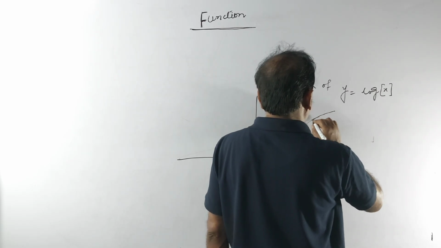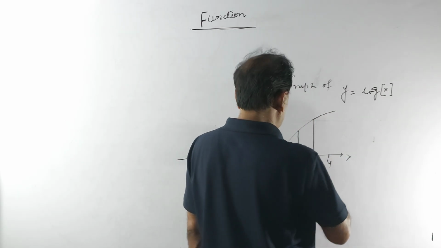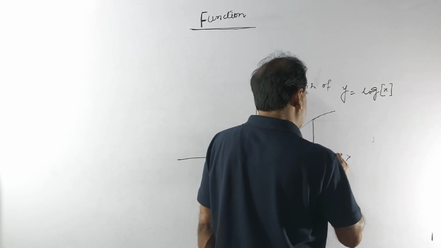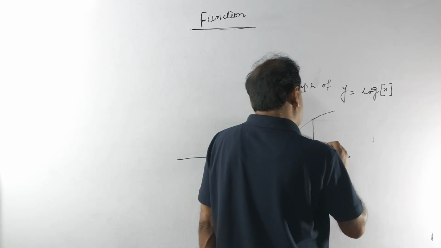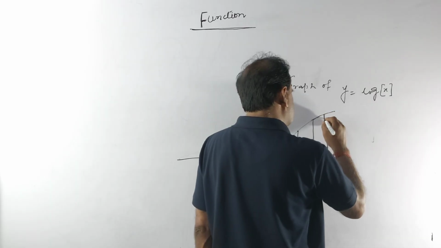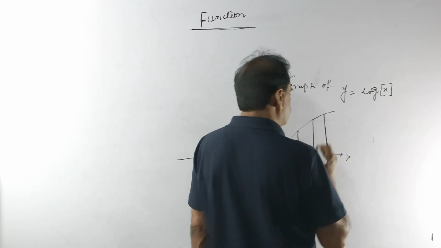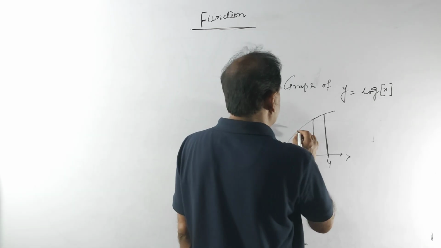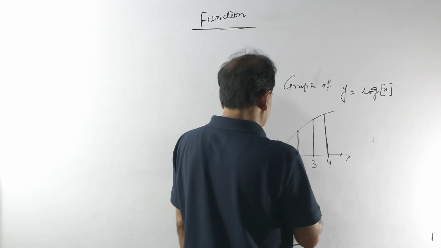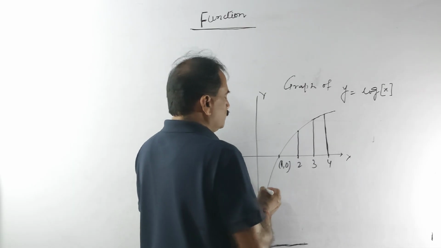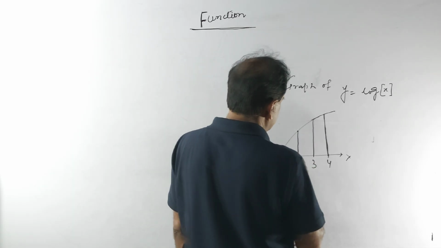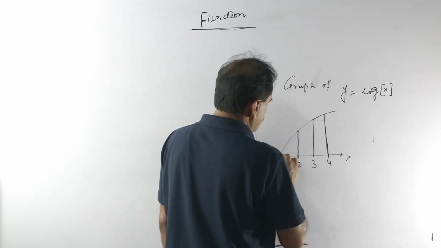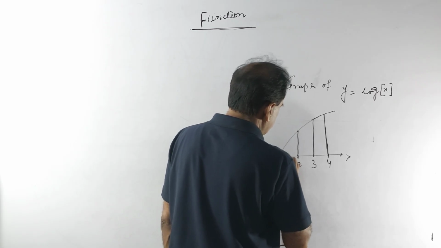We proceed along the graph of y equal to log x so that the x equal to 4 line intersects the graph. Now from the intersecting point, take a horizontal line from one vertical line to the next right vertical line.